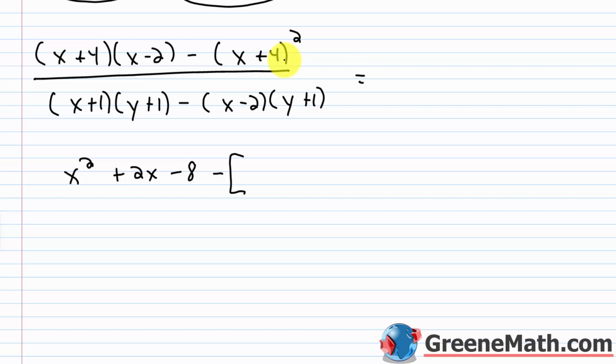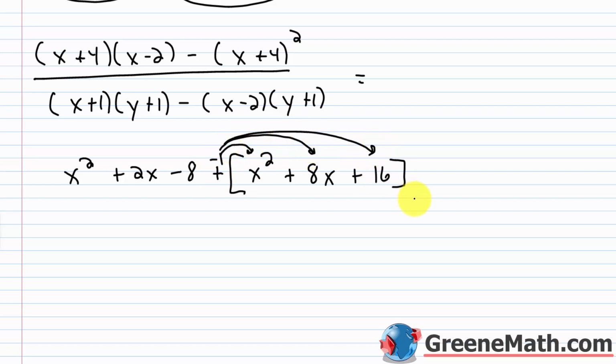This is x plus 4 squared. So we would have x squared, then plus 2 times x times 4, so plus 8x, and then plus 4 squared is 16. So now I can subtract each one of these away, right? You think about that as just distributing the negative to each term. A lot of people do plus -1 here, and then they distribute this to each term, just to make it crystal clear what's going on.